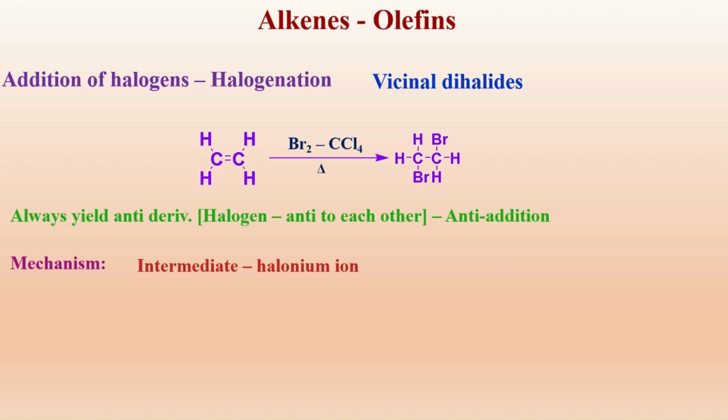Now, let us look into how this halonium ion is formed. Take alkene, I take ethene, and bromine or any halogen. The electrons are shared equally and they are not polarized; it is non-polar.